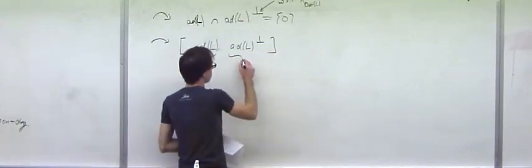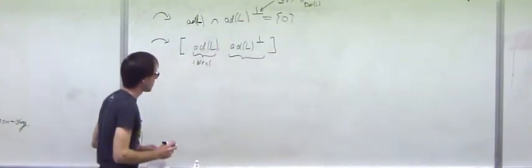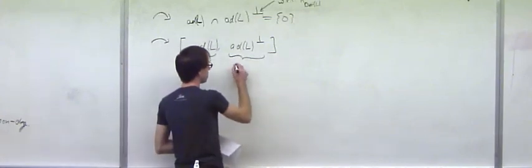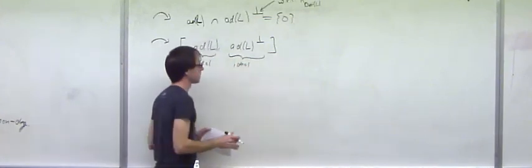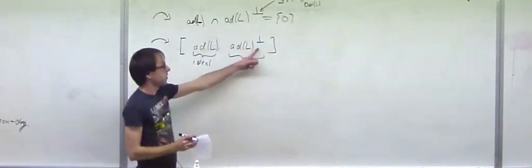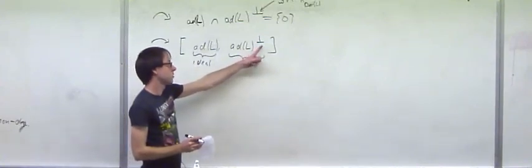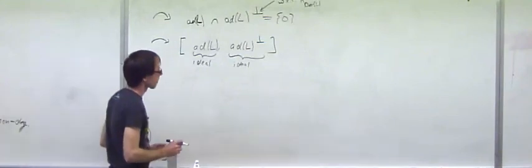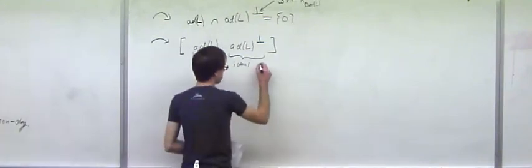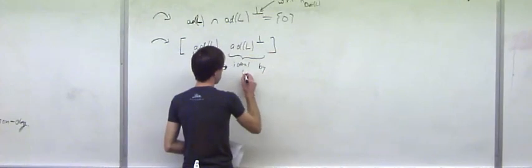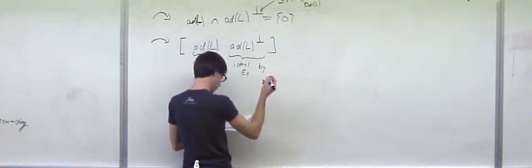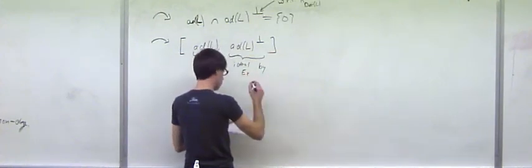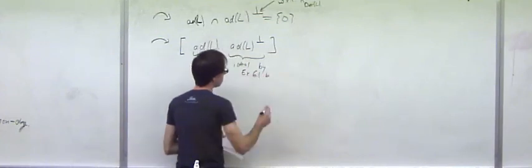Then the orthogonal space is also an ideal. Again, this is the orthogonal space in Der L, so in the larger Lie algebra. This is an ideal by exercise 6.1b.